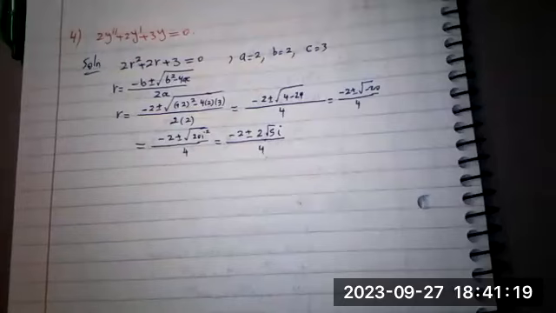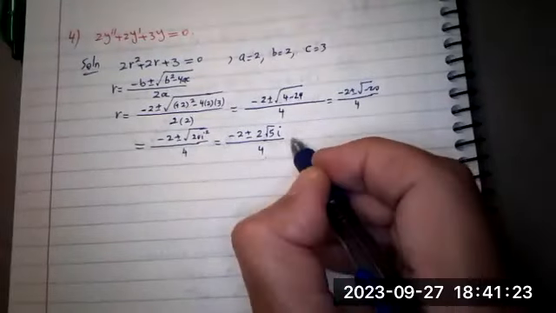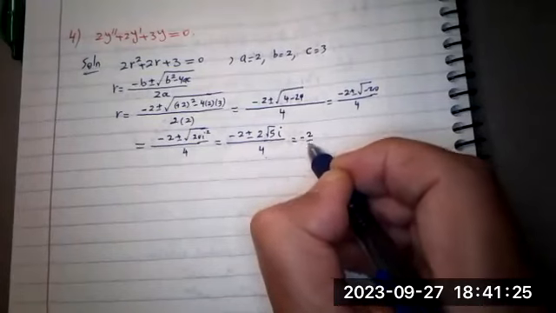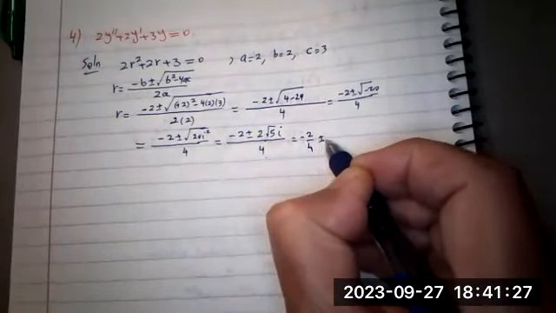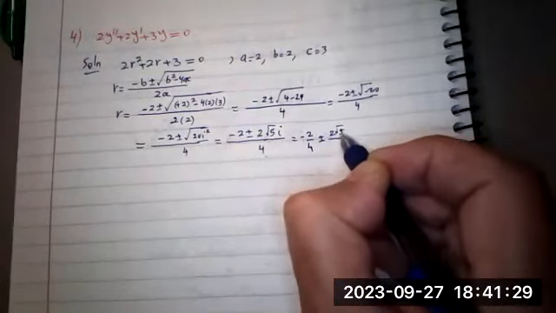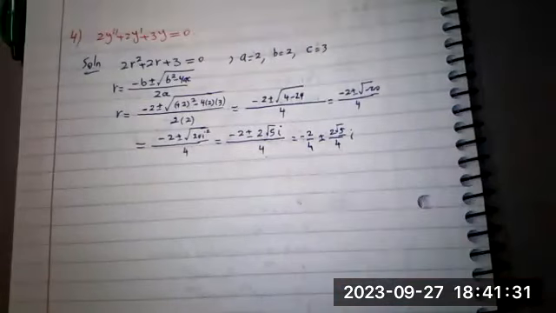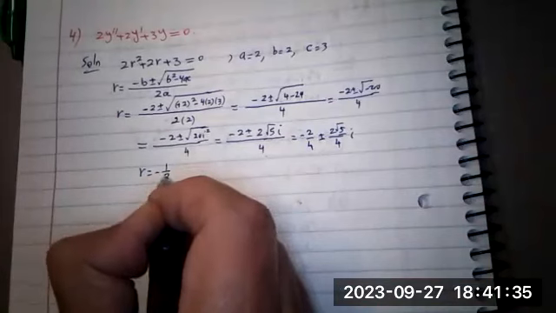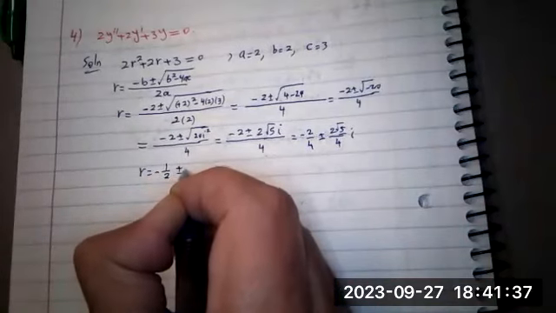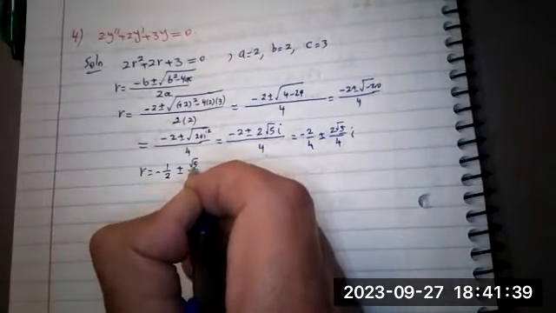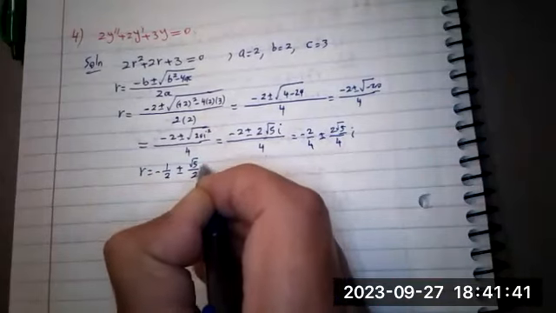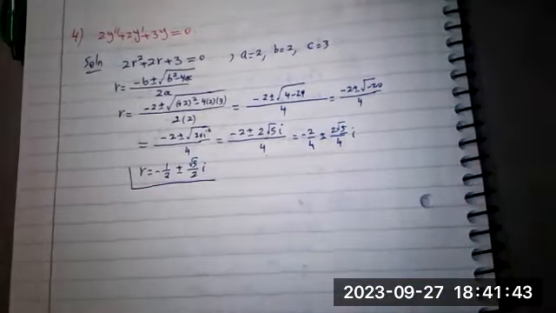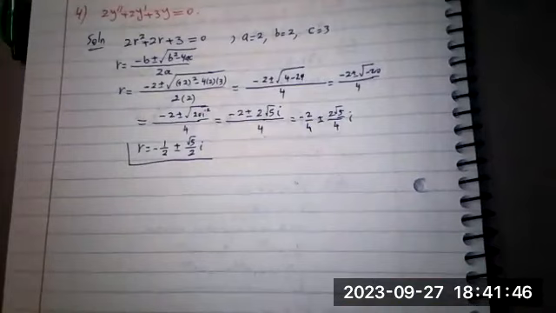Then we can simplify by 2. So r would be negative 1/2 plus or minus radical 5 over 2 i. So these are going to be your solutions.